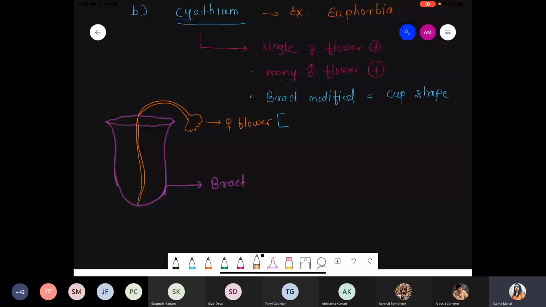But here a modification has happened. In the case of Scythium, in the female flowers, both sepal and petal are totally absent. Sepal and petal are both absent in the case of the female flower.